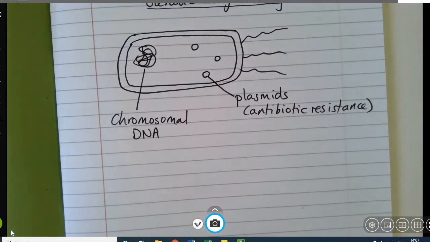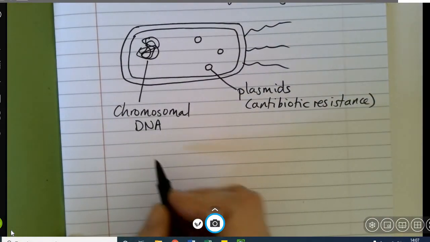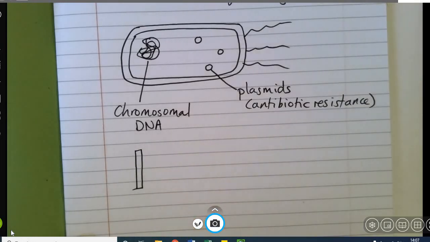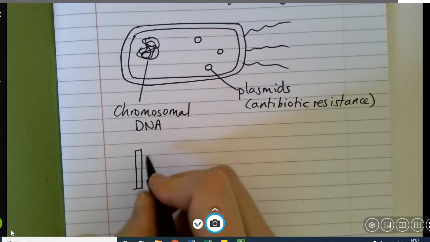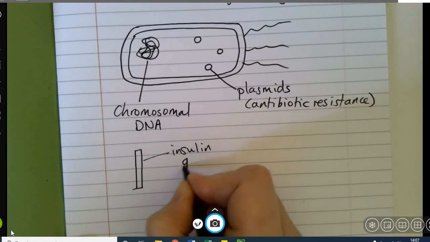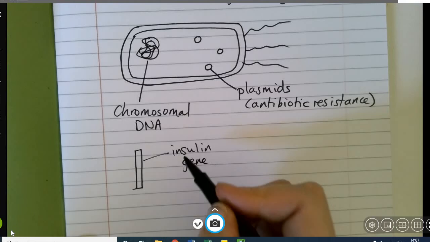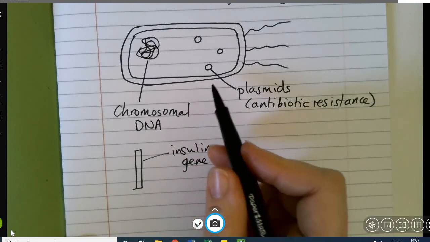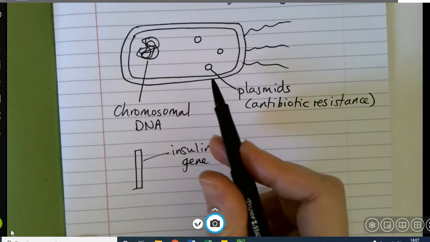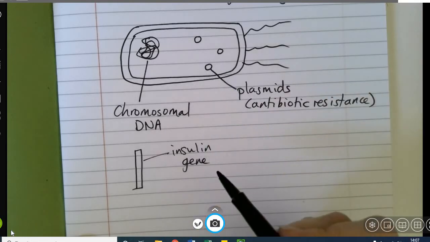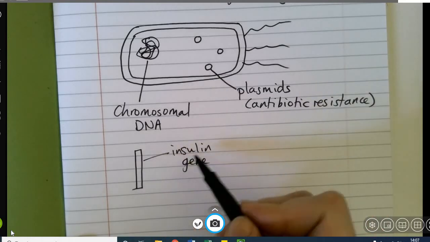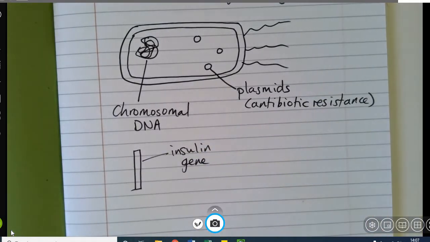So say we've got a human gene that we're particularly interested in. Let's just represent it like this. Let's say this is the insulin gene on our human DNA. If I can get this gene into a bacterial plasmid, then I could insert the plasmid back into the bacterium, and I could create a population of bacteria that all produce the insulin that this codes for.